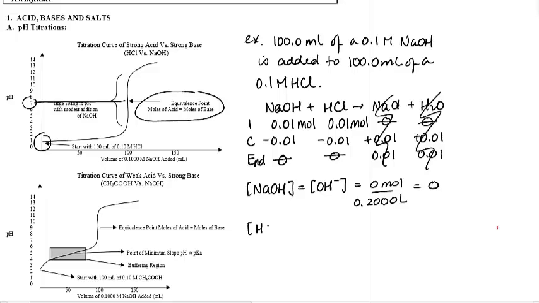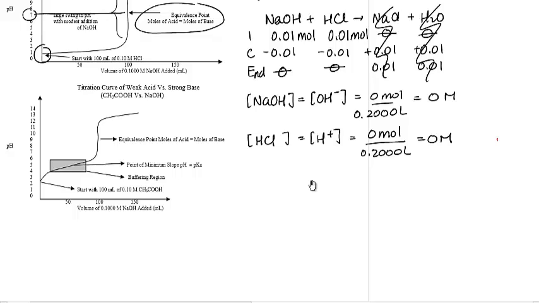Similarly, the HCl is going to give me the concentration of the H+, which is again 0 moles all over 0.2000 liters. And once again, I have a concentration of 0 molarity. Now, if we try to continue to calculate this and we find the pH, which is the negative log of 0, we're going to get basically an error in our calculation because you cannot take the negative log of 0.